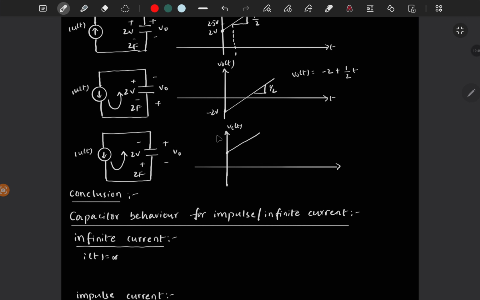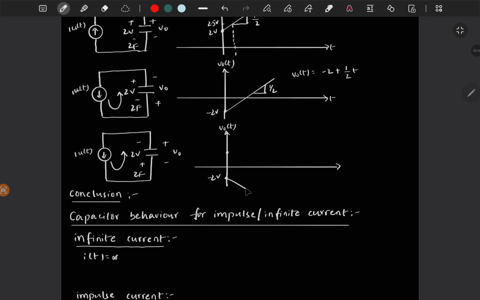But we are asked V naught, right? So V naught is in the opposite direction of Vc of t. So initially V naught is minus 2 volt because 2 volt is in this direction. So this is minus 2 volt, and the capacitor starts charging in this direction, which means V0 is in the reverse direction. So if the slope of Vc of t is positive, then the slope of V0 of t is negative.